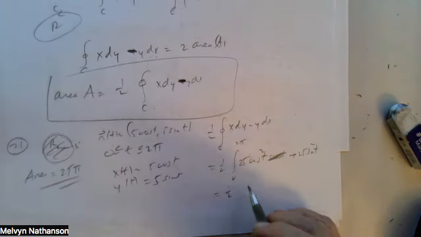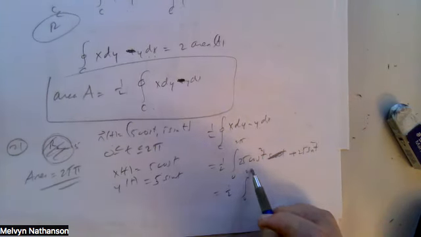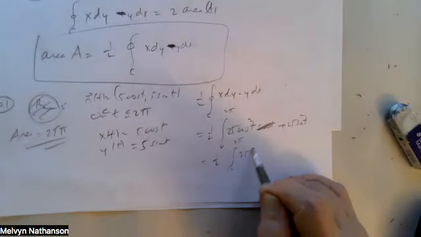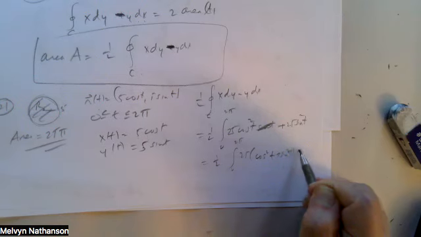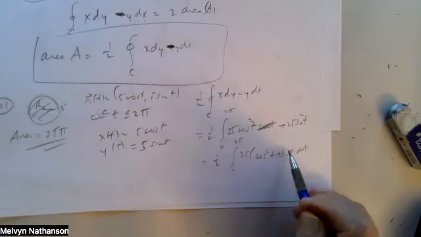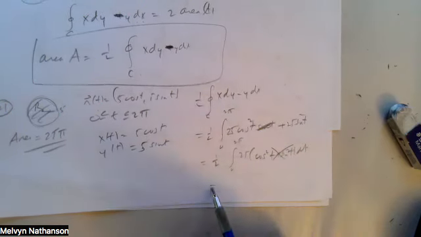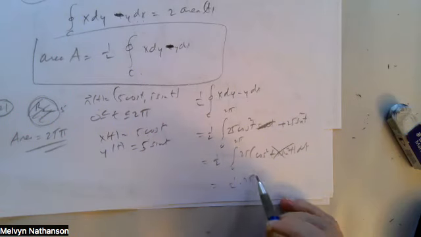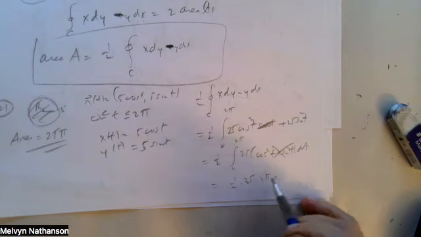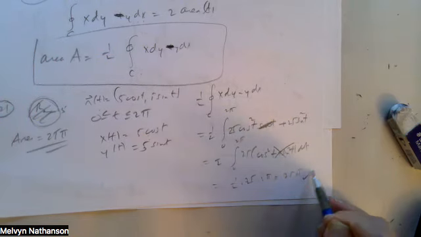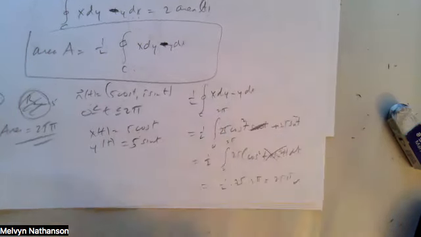You get a half, integral from 0 to 2 pi, 25 cosine squared t plus sine squared t dt. Cosine squared plus sine squared is 1. So I get a half times 25 times 2 pi, which is 25 pi. So it checks. Yep.